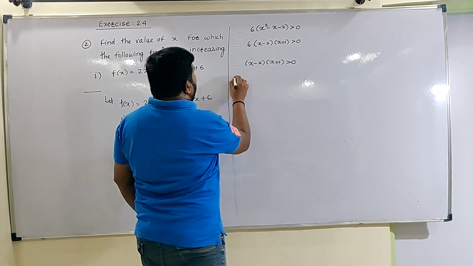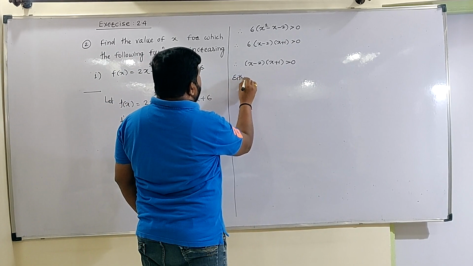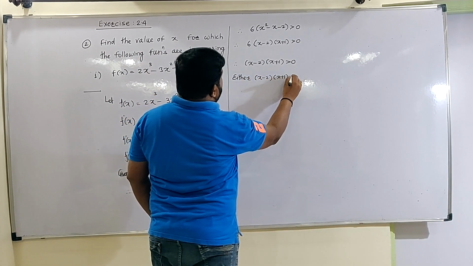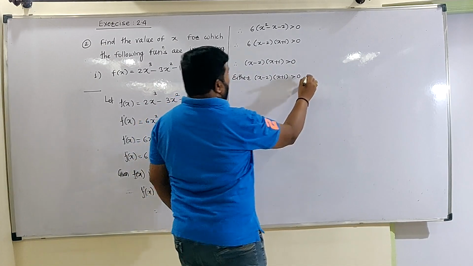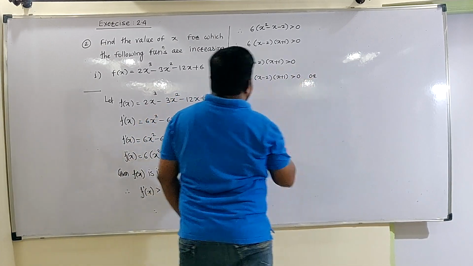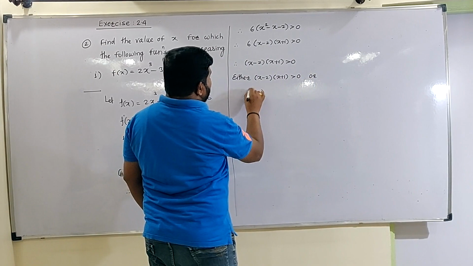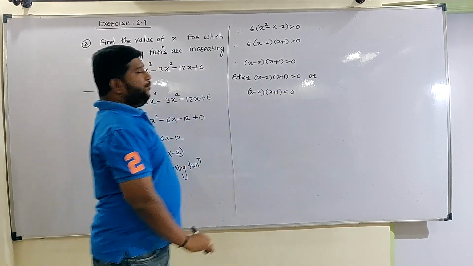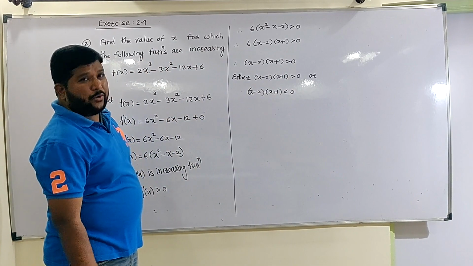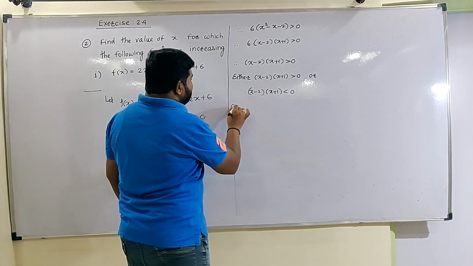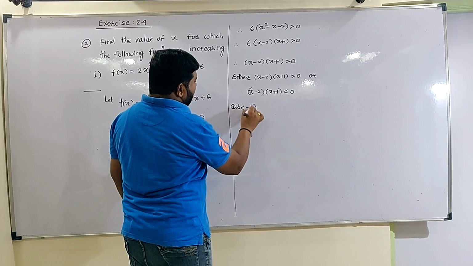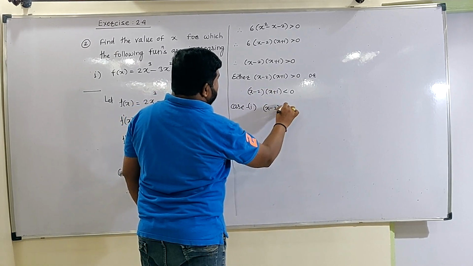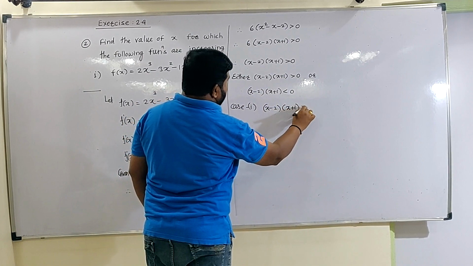So either x -2 x +1 greater than 0 or x -2 x +1 less than 0. एक तो दोनों पॉजिटिव होना चाहिए, या दोनों निगेटिव. So let us consider the first case, case 1. हम दोनों को पॉजिटिव कंसीडर करेंगे. x -2, x +1 greater than 0.